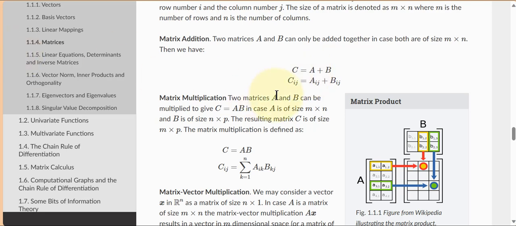And then to get the individual elements, you take the individual element of the first matrix and the corresponding same element of the second matrix and add them together to get the result. And you do that for each element in the C matrix.